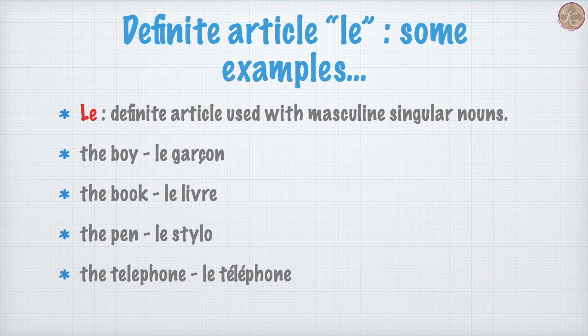And that's why book in French language is a masculine noun. Pen is a masculine noun. Telephone is a masculine noun. Obviously, boy is a masculine noun. So that's why you use le garçon, le livre, le stylo, le téléphone. Is that clear?